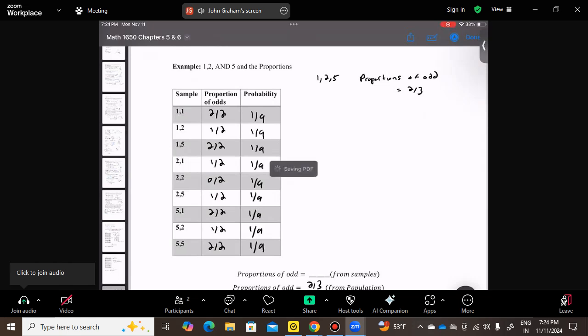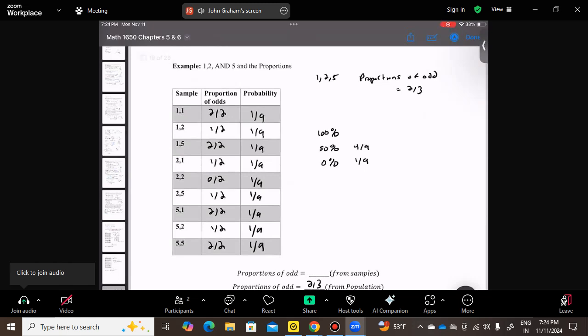And so if we look at this, we have 100%, 50%, and 0%. 0% happens once, so 1 out of 9. 50% happens 1, 2, 3, 4 out of 9. 100% happens 4 out of 9. Right, so if we multiply these, 1 times 4/9 is 4/9.